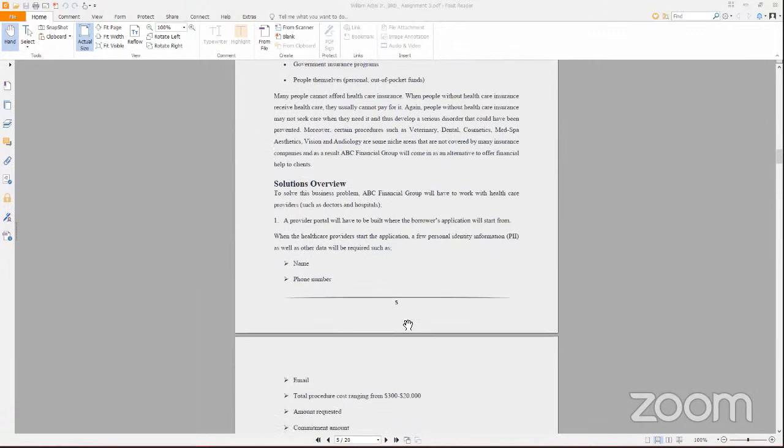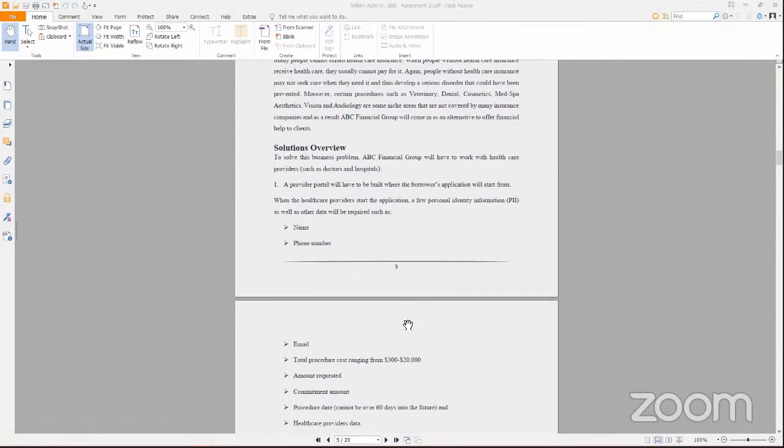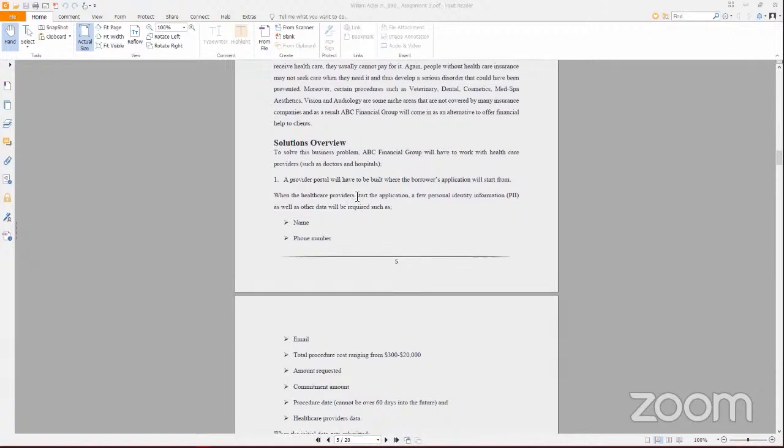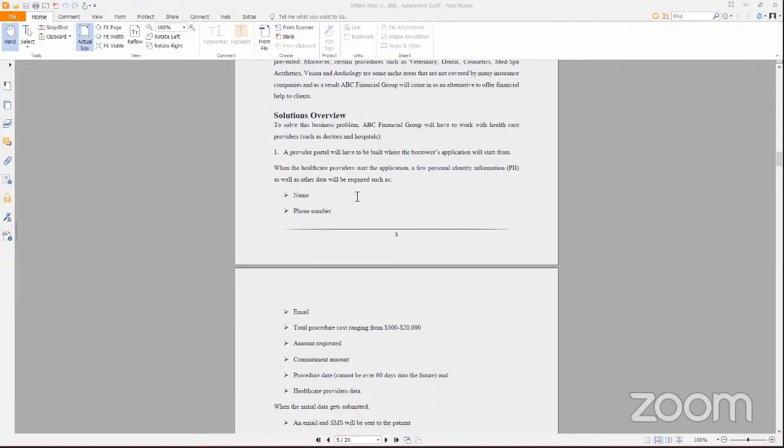Then we have our solution overview. In the solution overview, ABC Financial Group will work with the providers to ensure that a provider portal is built where patients can start their loan application process. So a provider portal will have to be built where the borrower's application will start from.